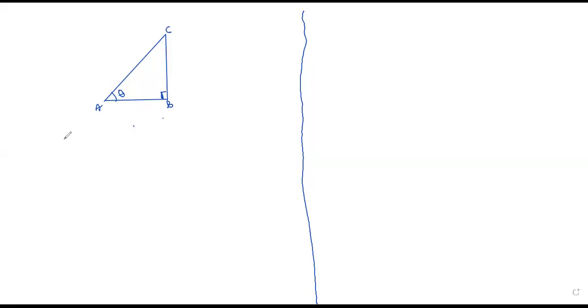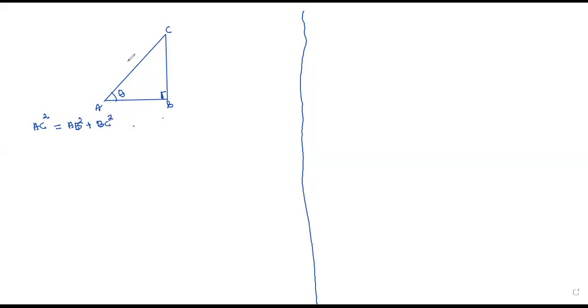By Pythagoras theorem, we can say that AC squared is equal to AB squared plus BC squared.